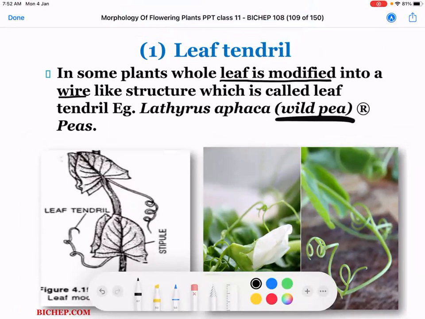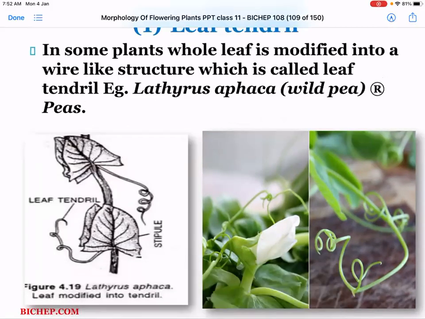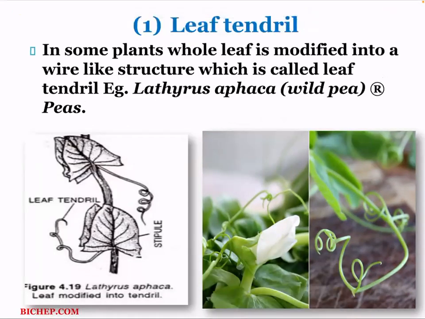For example, wild pea, that is Lathyrus, generally known as pea plant. It helps in the climbing movement. They have a weak stem, and it helps for support. Please take the screenshot.